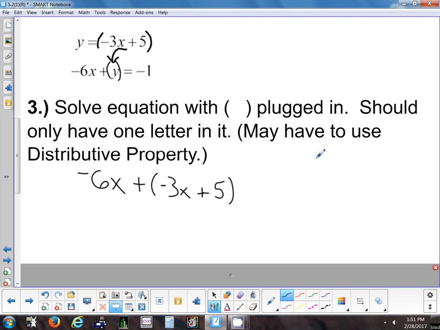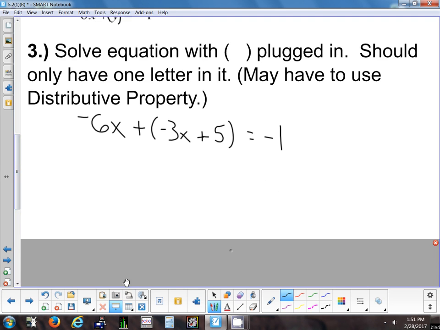This information is being plugged in for this variable in the other equation. Let me say it again. This information is being plugged in for this variable in the other equation. That's what substitution is. Then I'm just going to write in the rest of my equation. Equals negative 1. That's all I need to do.